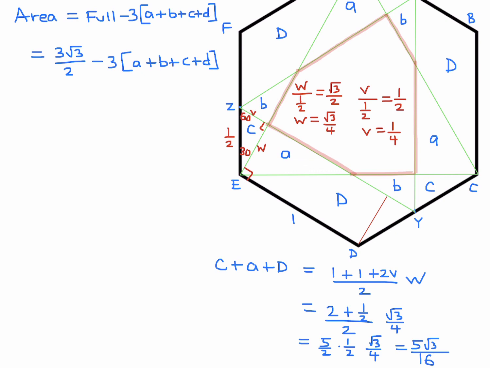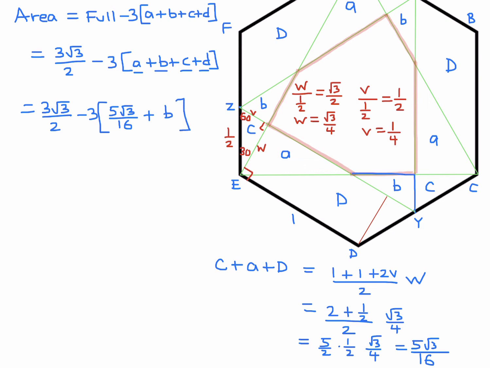So 5 root 3 over 16 is A plus C plus D. So let's go back and substitute that in. We've got 3 root 3 over 2 minus 3, and then this A plus C plus D is 5 root 3 over 16. So now all we have to do is figure out that B, and I think that will complete the question.